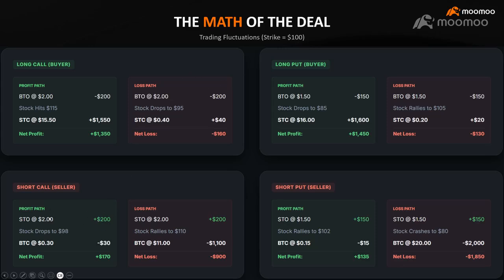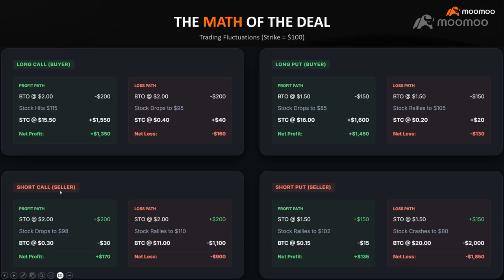So I sell to open and collect $200, and then the stock price, at expiration or maybe 2 or 3 days before, falls down to like $98, and your premium during that time is 30 cents.